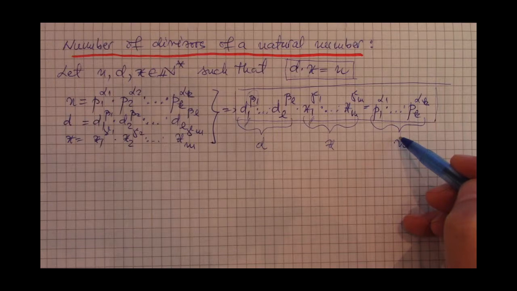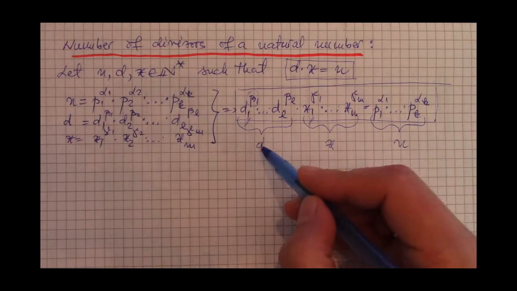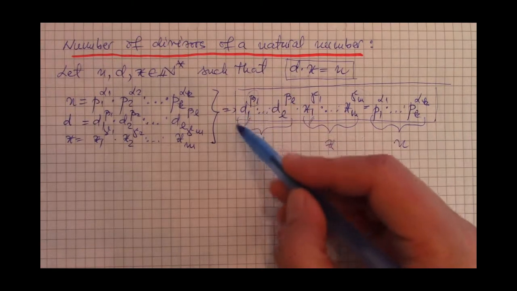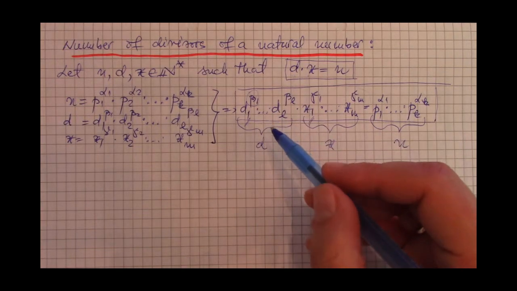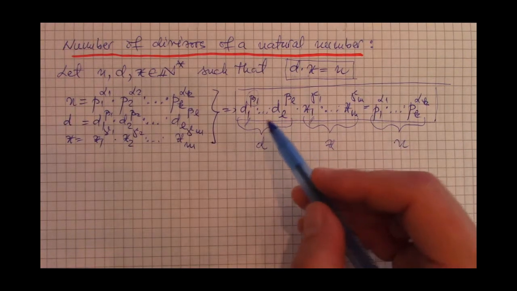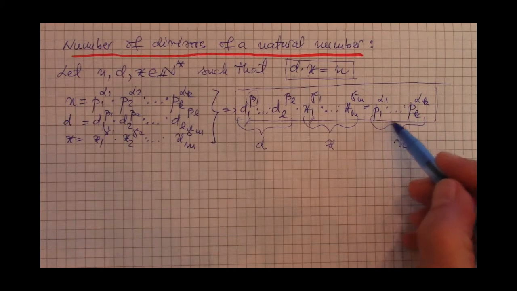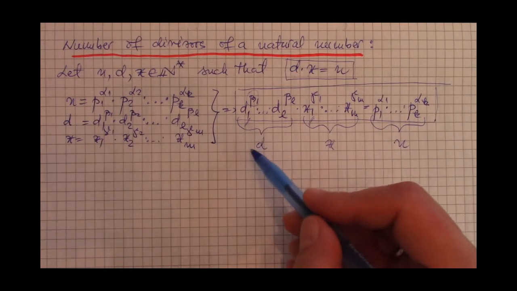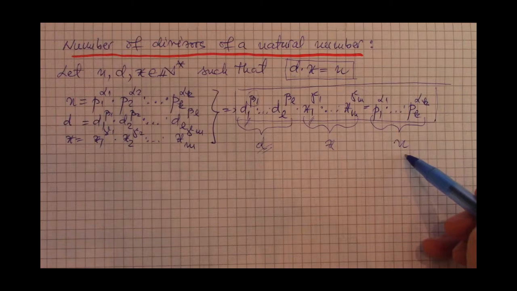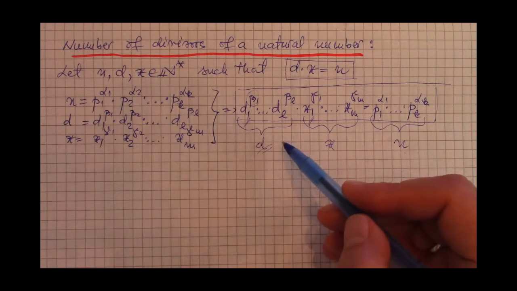What that tells us is that a divisor of n cannot introduce new prime factors. Again, the d's have to be found among the p's, so a divisor of n does not introduce new prime factors.